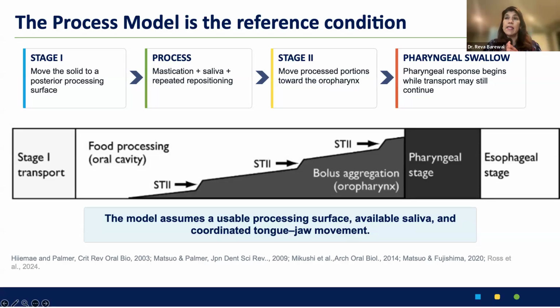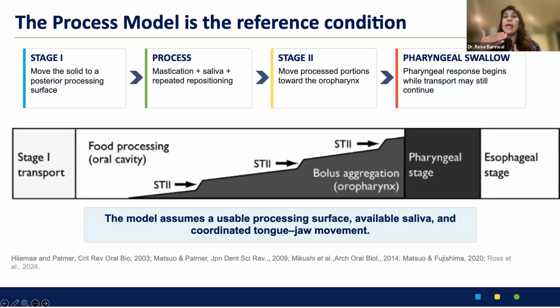In this model, stage one is moving the food posterior to the canines, going from the anterior mouth to that region, because we were all built to have greater efficiency of processing in our molars.